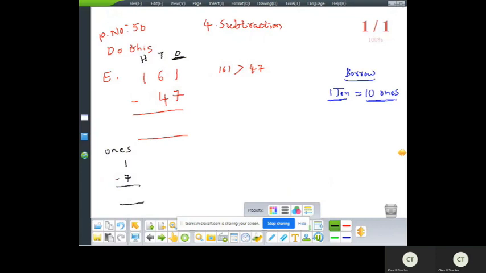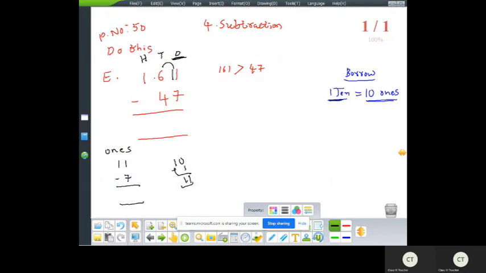Taking borrow from this number 6, 1 is going outside as borrow. Borrow 1 time is equal to 10 ones. 10 and 1 is already there, 10 plus 1, 11. This is 11.